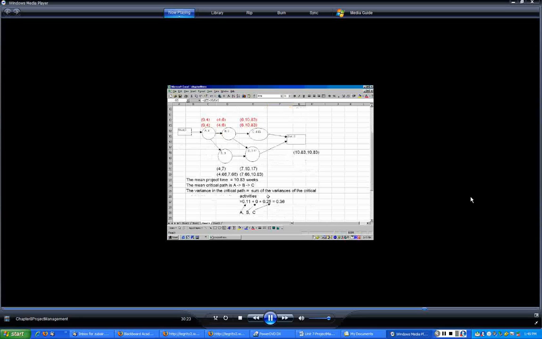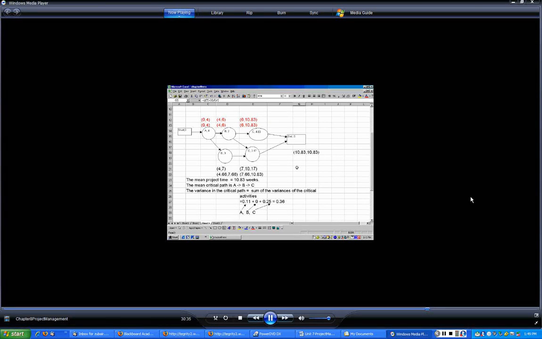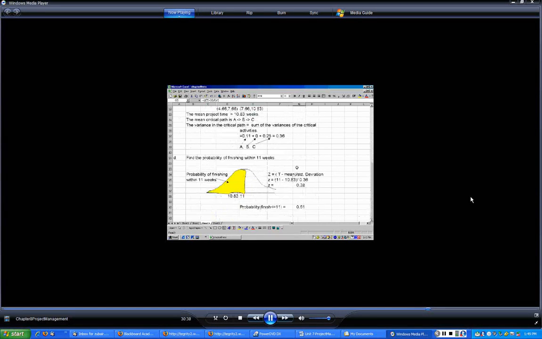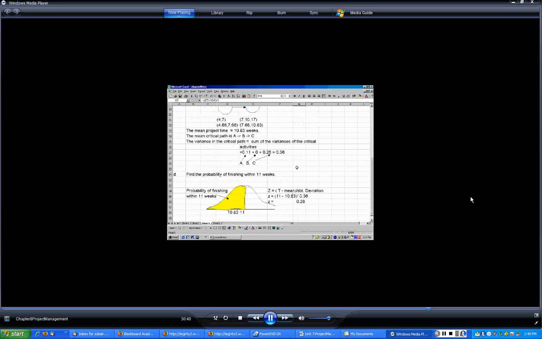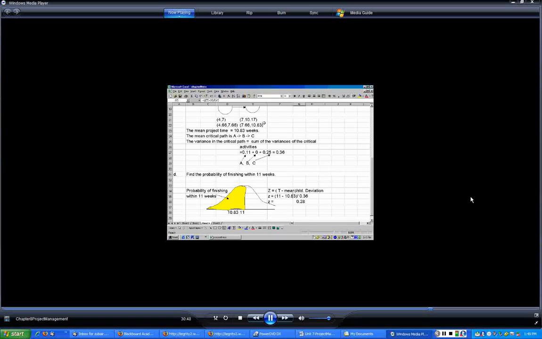Now the problem also asks what is the probability of finishing this project in 11 weeks, because it can take us longer than 10.83 and even longer than 11 weeks. To analyze the situation, let's say you go through this project several times, and each time you note down how long it took to finish the project.